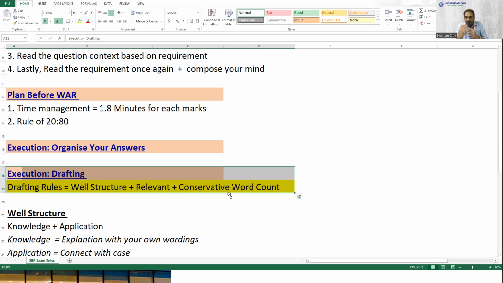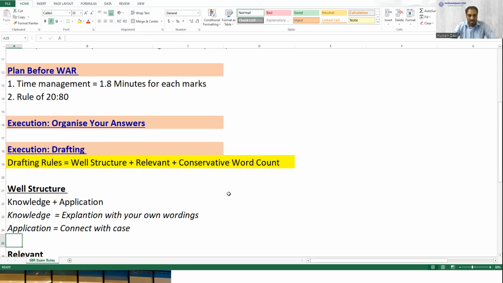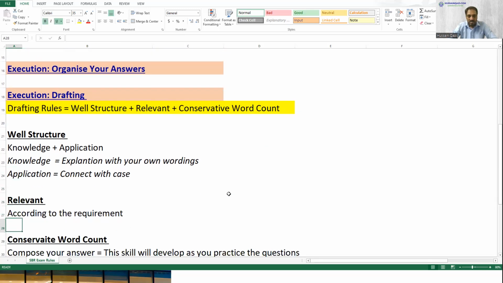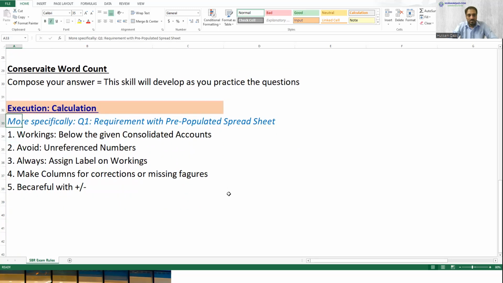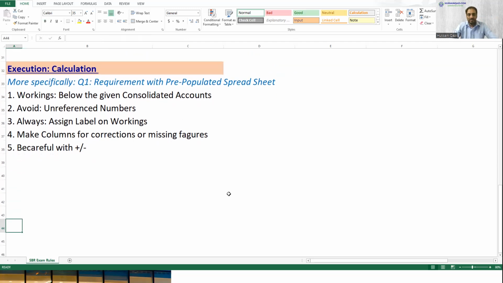Conservative means if you practice drafting, you will be able to draft the knowledge and apply it to the case simultaneously. Conservative approach. So that is called well structured, including relevant and conservative.